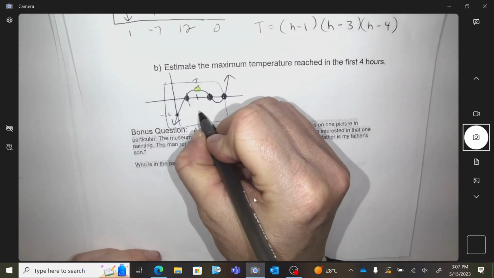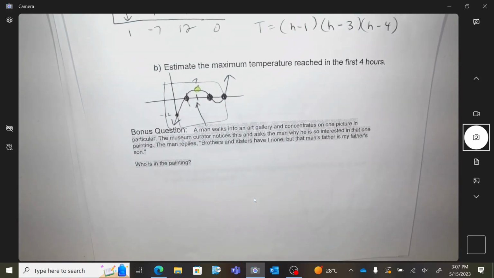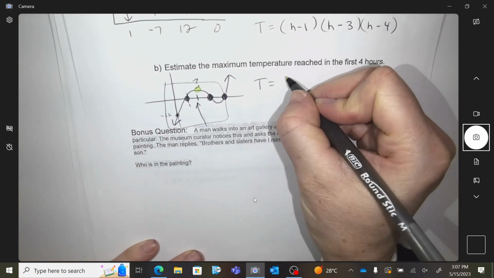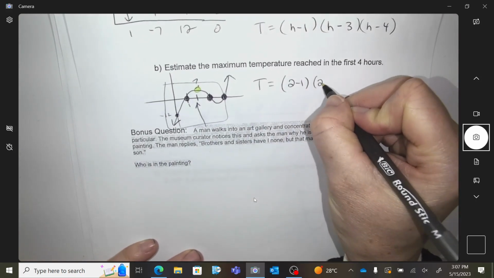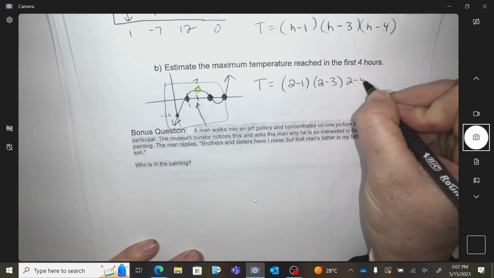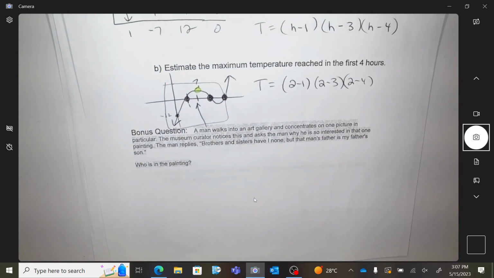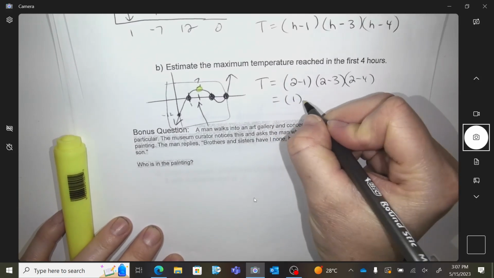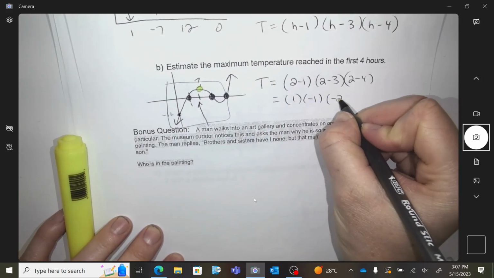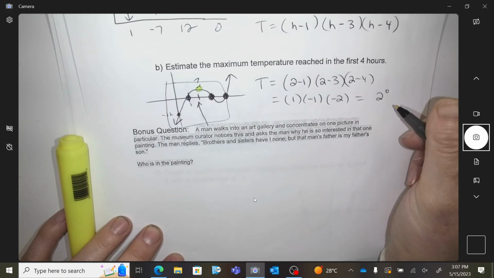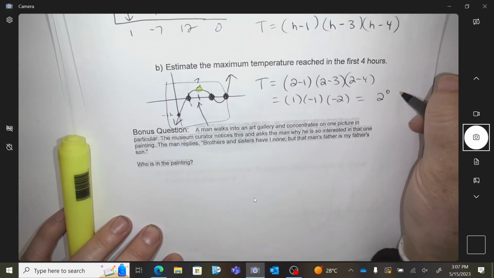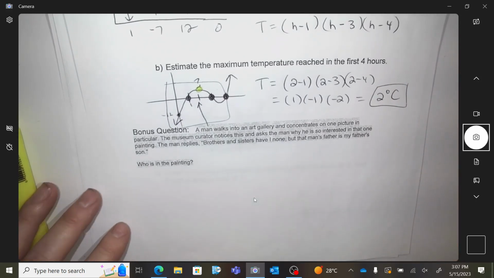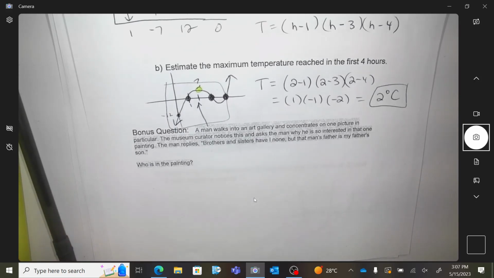Plug in, I think the 2 x value would be best to plug in. So temperature equals 2 minus 1, 2 minus 3, 2 minus 4. So there's me plugging in 2 hours into the hour spot. Two degrees. Is that what everybody's getting? Not very hot.